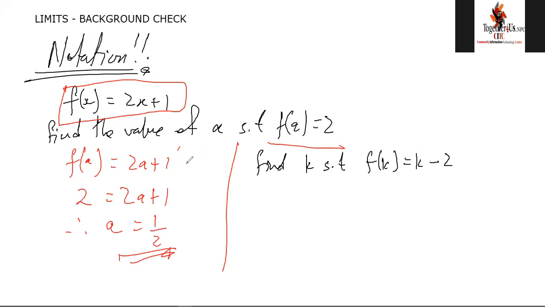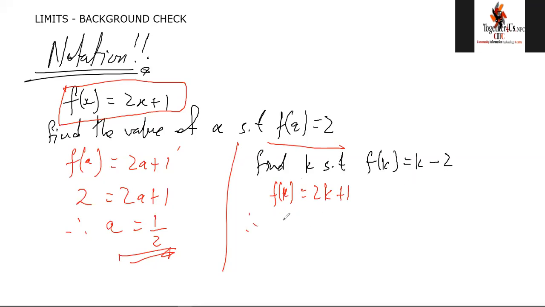Okay, that's it. Then again, students will say, what is going on here? Just want to again say to you guys, you gotta keep calm and go with the drill. First of all, find f of k. This is 2k plus 1. Now, what should this be equal to? It should be equal to k minus 2.